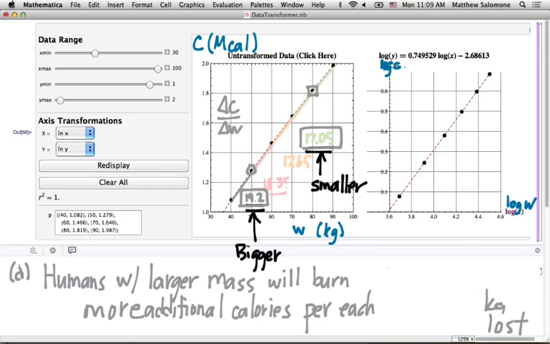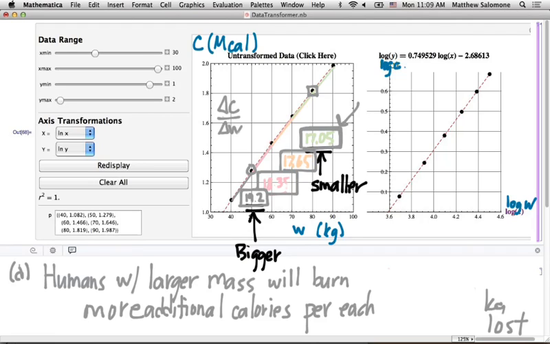In other words, in order to lose 1 more kilogram, if I start out at 90 kilograms, I need to cut 17 calories out of my diet daily in order to lose a kilogram, in order to get down to the metabolism that an 89 kilogram person would have. But as I lose mass, the number of calories that I need to cut out in order to lose 1 more kilogram gets bigger and bigger.